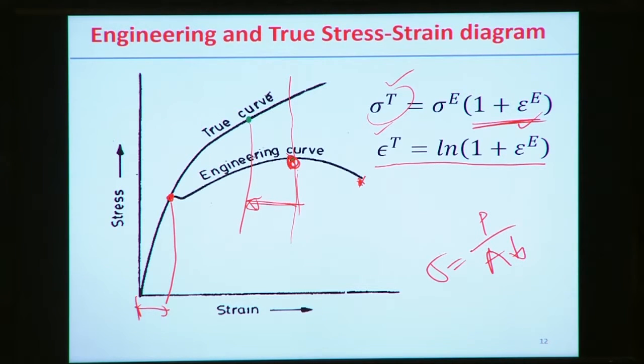So the stress is higher corresponding to that point, and the strain is lower corresponding to the ultimate tensile stress with reference to the engineering stress strain curve. So by using this relation between engineering strain and true strain, we can predict the true stress strain diagram with reference to the engineering stress strain diagram.